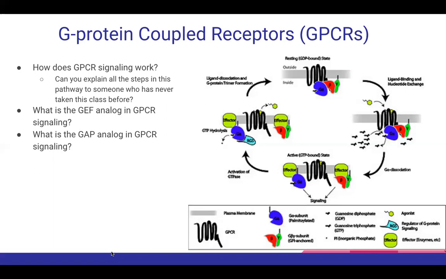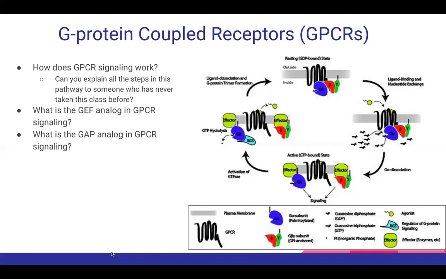A better way is for RGS to bind to G alpha, which accelerates G alpha's intrinsic GTPase activity, causing GTP to hydrolyze to GDP more easily. You can see RGS is the light blue color on the left right there.